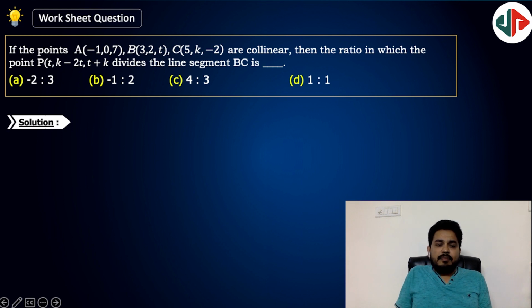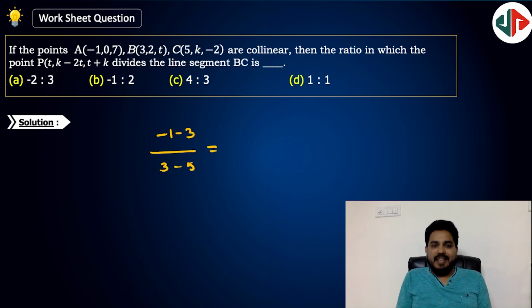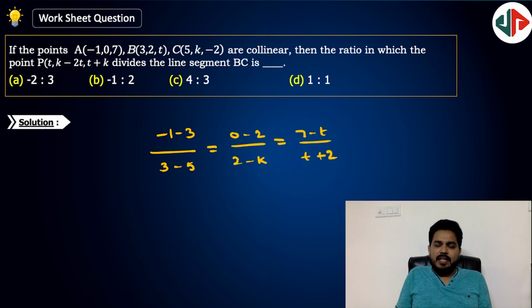Because these points are collinear, what I'll do is (minus 1 minus 3) by (3 minus 5) is equal to the ratio. Taking these two only: (0 minus 2) by (2 minus k) is equal to (7 minus t) by (t minus of minus 2). So this value, minus 4 by minus 2, is equal to plus 2, is equal to 2 by (k minus 2). 2 cancel. So k is equal to 3.